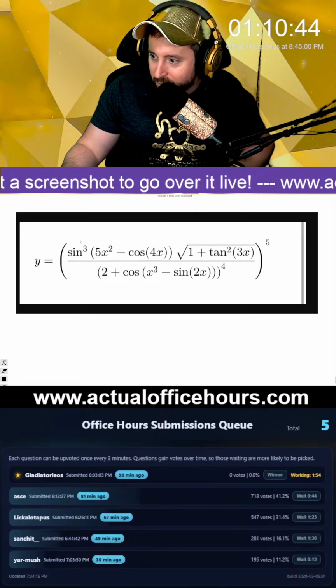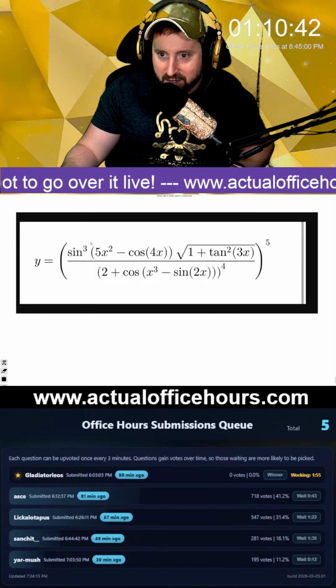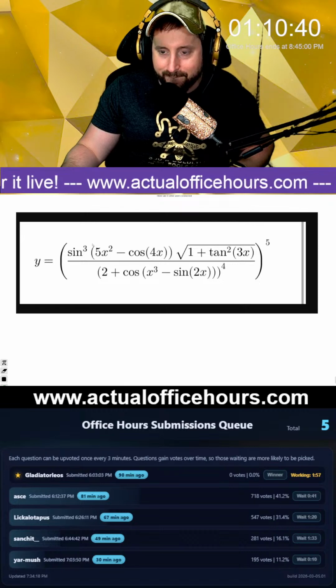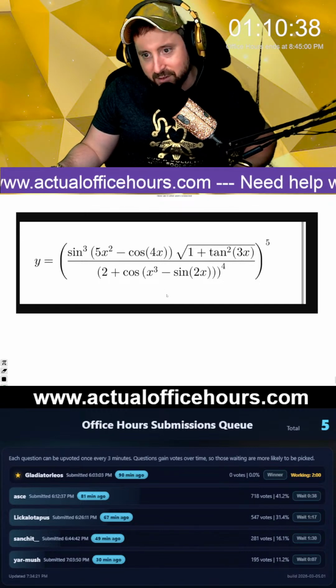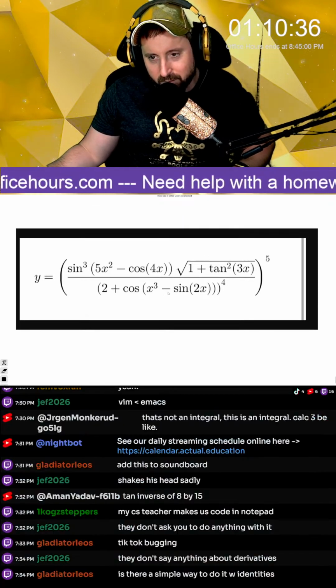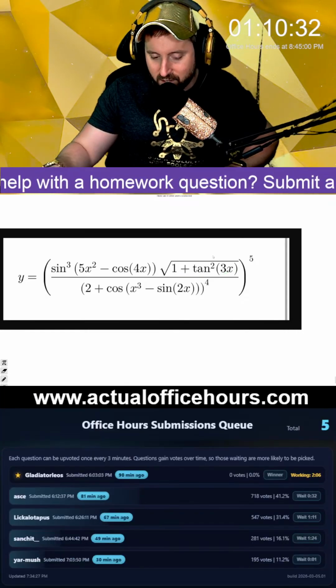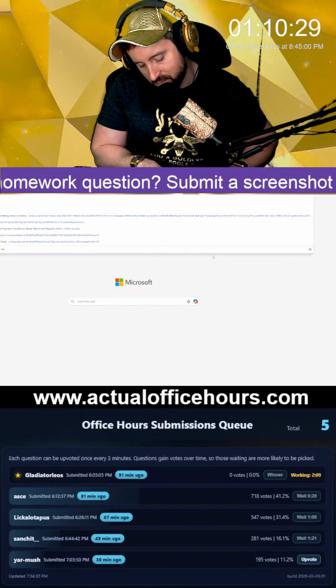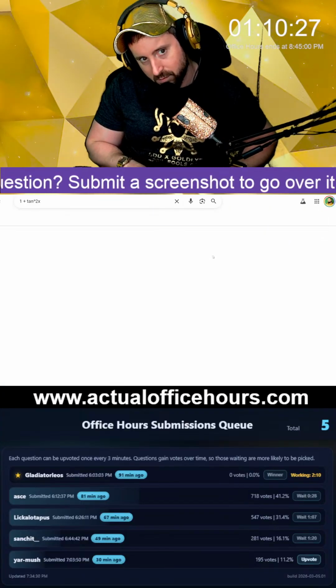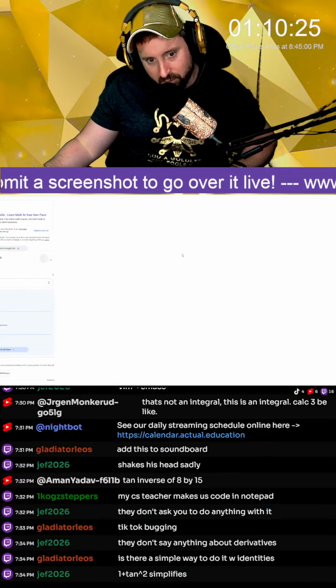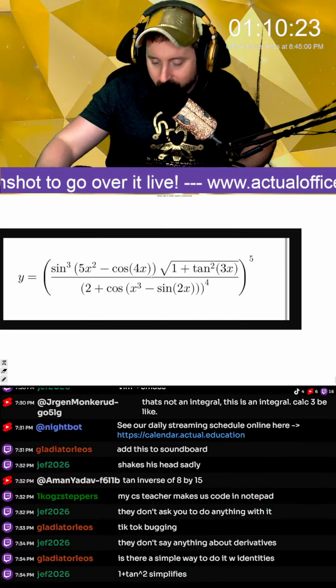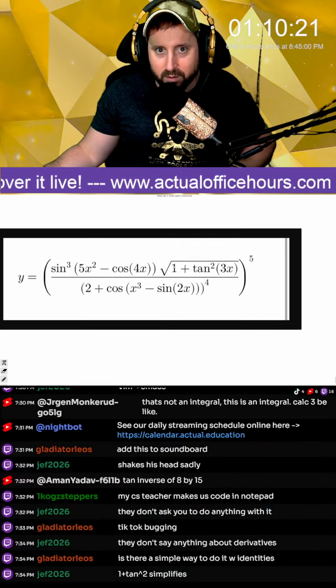Is there a simple way to do it with identities? Oh, yeah, I guess so. Well, no. I mean, 1 plus tangent squared. Is that secant squared? Yeah, I feel like it does. Okay, all right. Maybe there is a simple way.